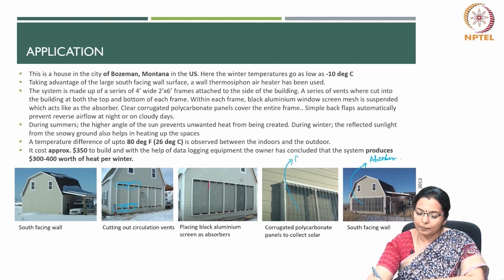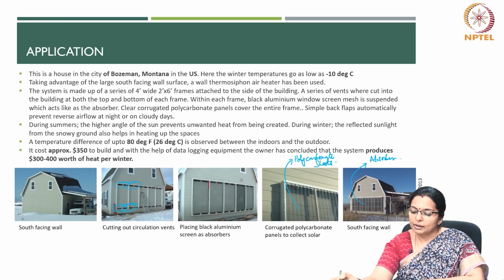So, this is the polycarbonate sheets. Simple back flaps automatically prevent reverse airflow at night or on cloudy days. During summers, the higher angle of the sun prevents unwanted heat from being created.